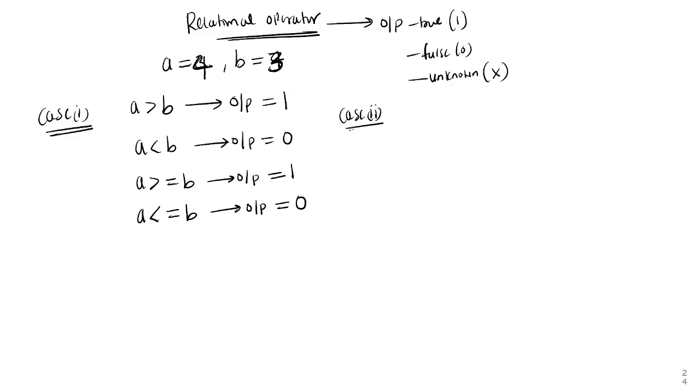Case 2. Let us take a equal to 3'b00x. Okay, b equal to 3'b1x0. Now which one will satisfy? Tell me.